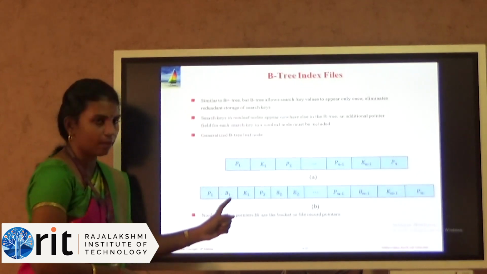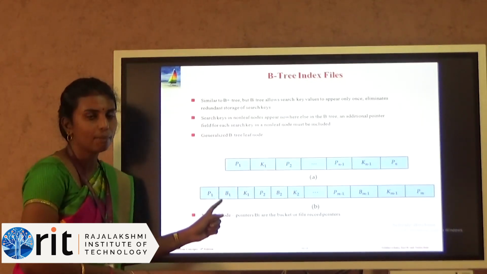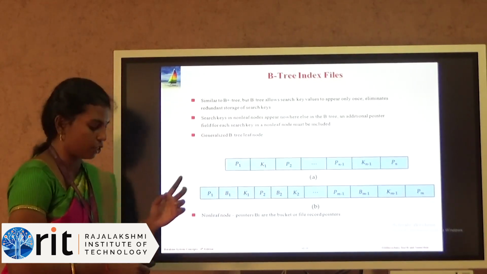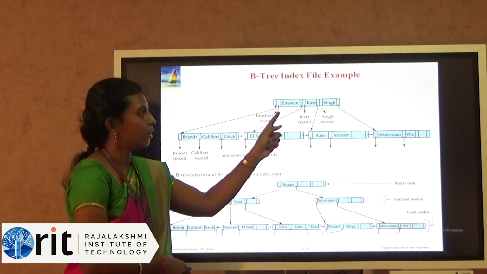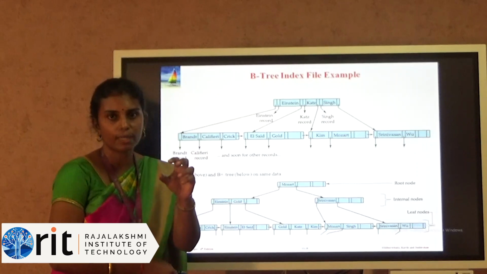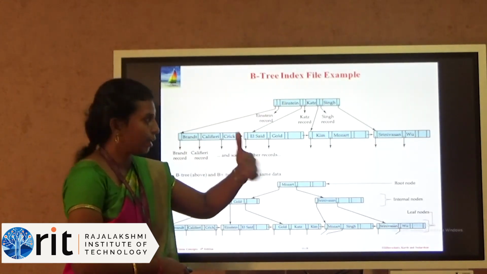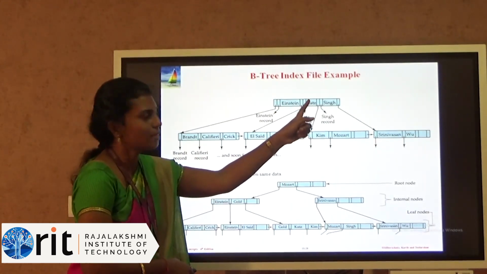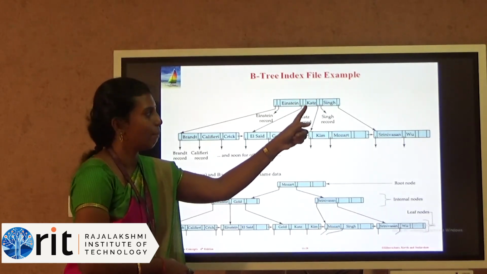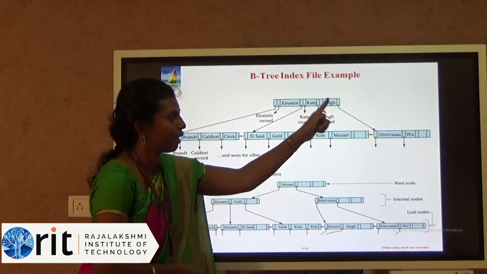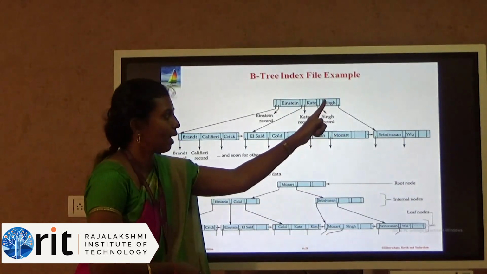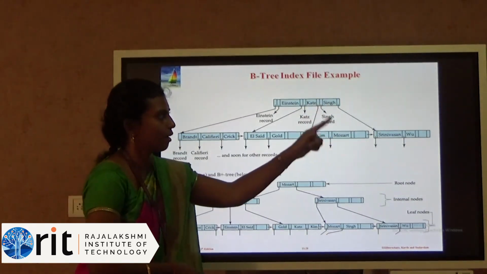So one more term is added: B. B is nothing but the bucket. So what's the use of the bucket? The bucket is used to hold the record. So Hats has its own bucket to hold the record of Hats. Similarly, this key value Sync has one more bucket to hold its record value.